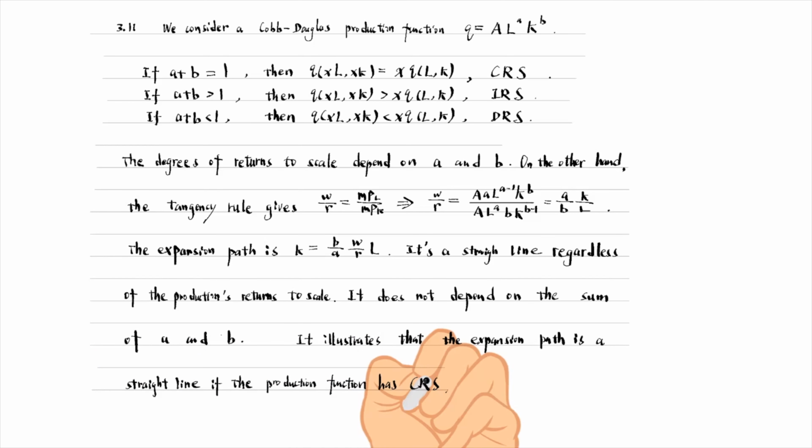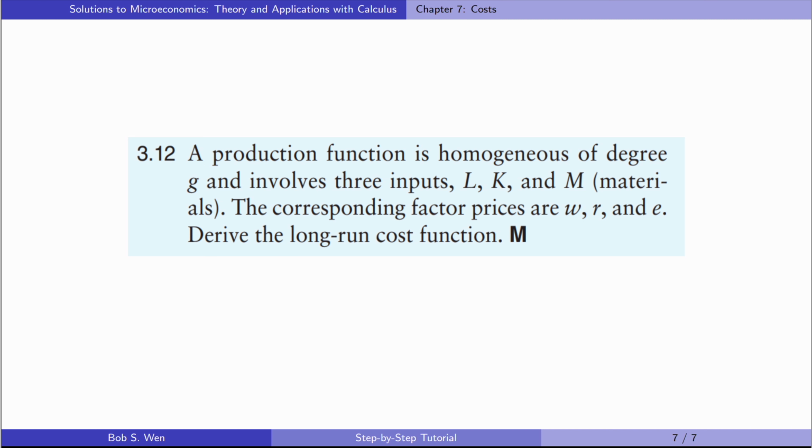Let's do exercise 3.12. A production function is homogeneous of degree g and involves three inputs L, K, and M. The corresponding factor prices are W, R, and E. Derive the long-run cost function.